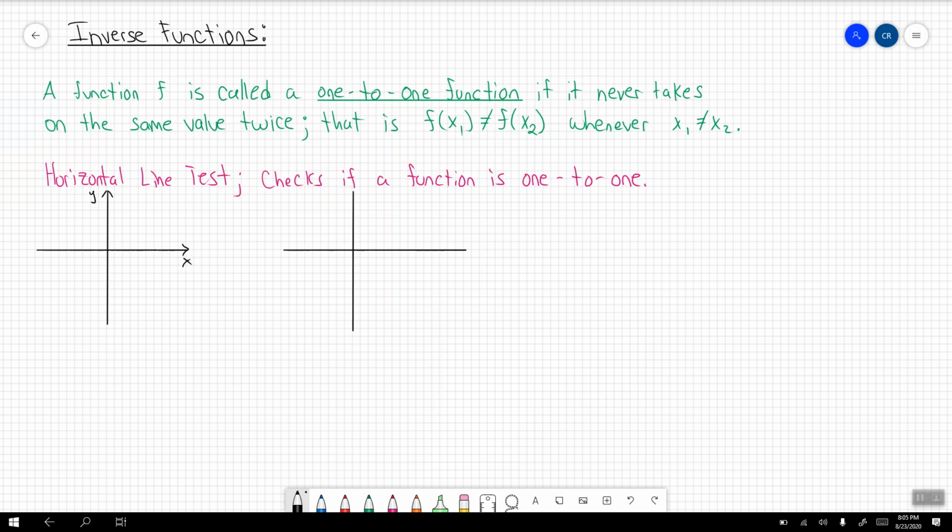In the first grid, I'm going to draw a random function to see if it will be one-to-one or not.